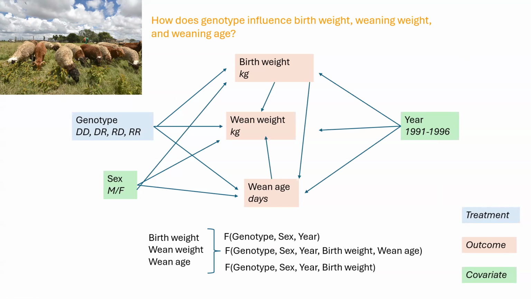And then finally, the outcomes that we're interested in aren't going to be independent from each other, if you think it through. For example, a lamb with a higher birth weight may have a higher wean weight, independent of the direct effects of these other variables on wean weight. Similarly, there could be a relationship between birth weight and wean age.